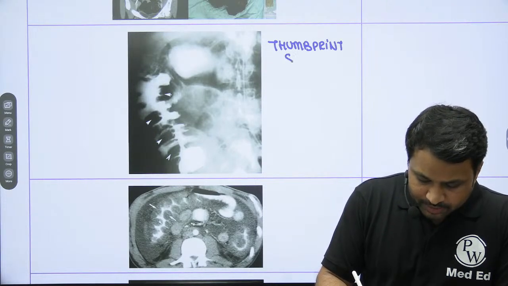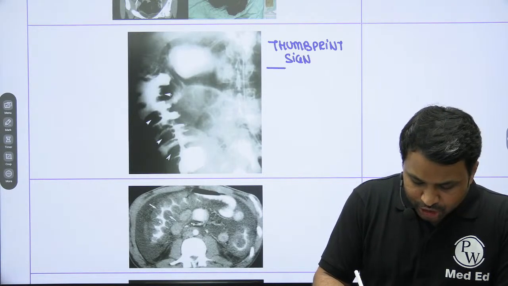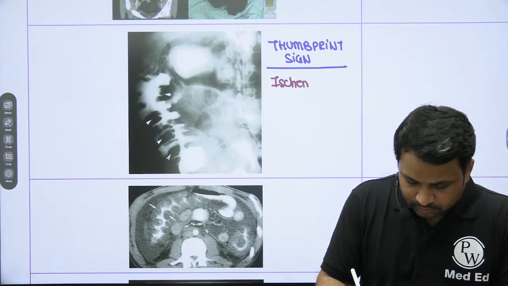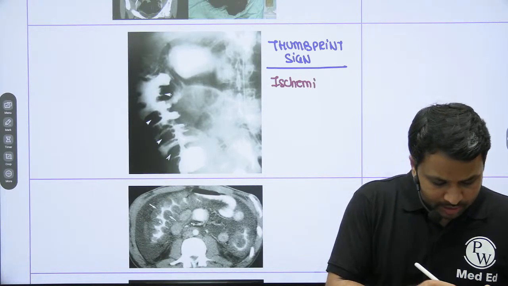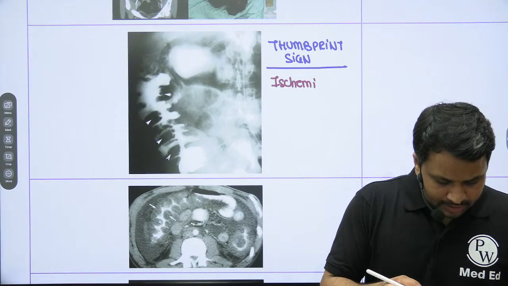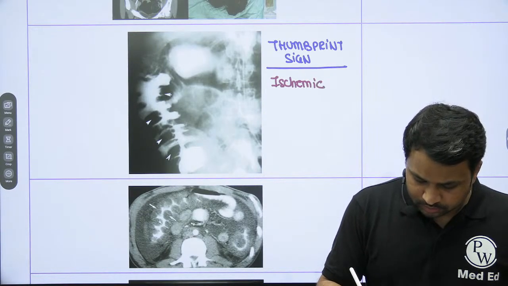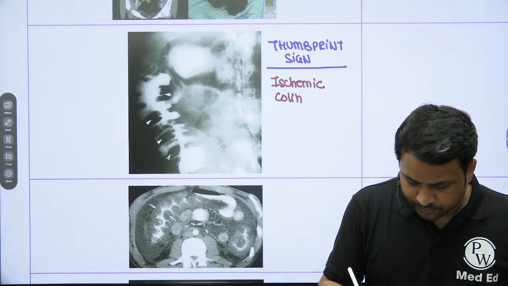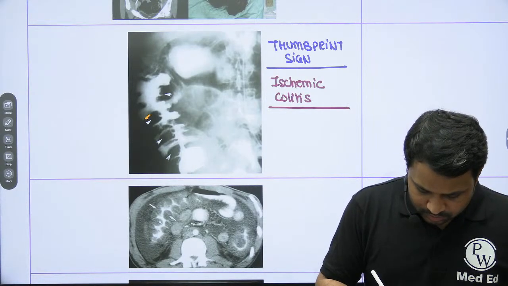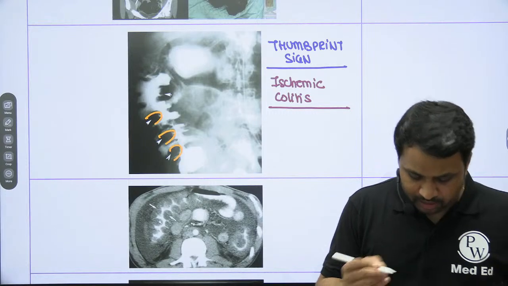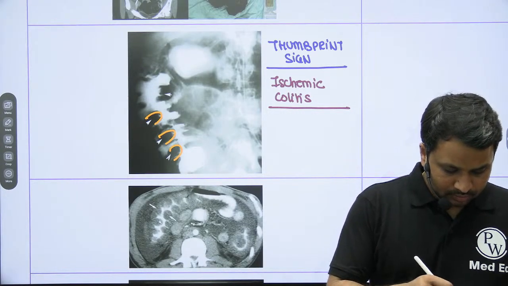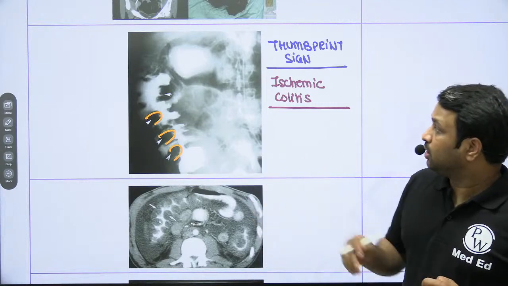Now this thumbprint sign is seen in ischemic colitis. So you can see all this mucosal edema, right? They represent as thumbprint sign. This is what we call ischemic colitis.